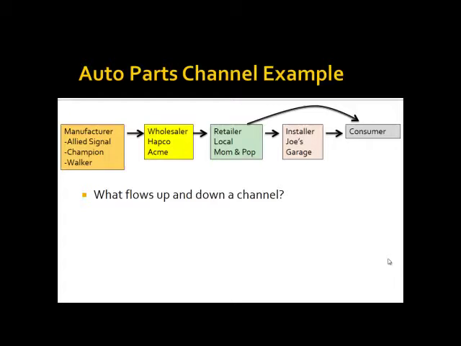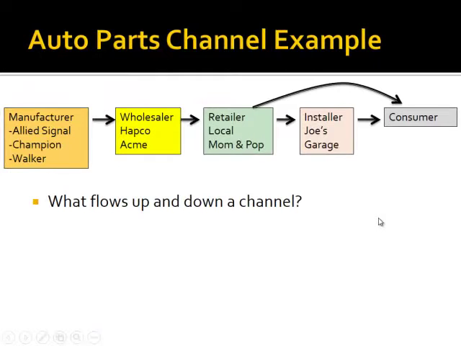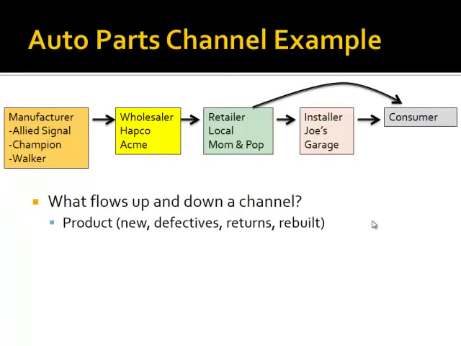So before we talk about what happened in this channel, first of all, we need to understand what flows up and down through a channel. The first is product. Product moves from the manufacturer towards the end user, the consumer, but also product moves the other way. Defective products move back to the manufacturer.